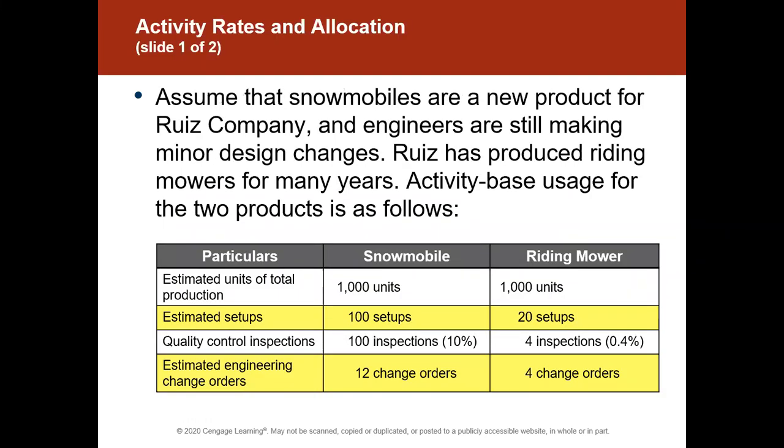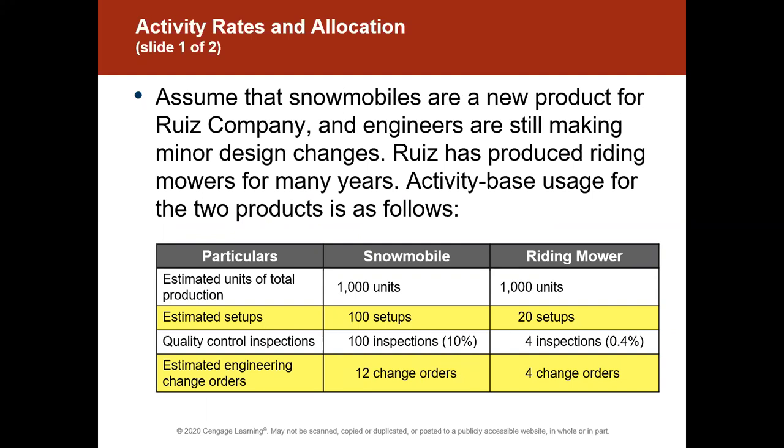All right. So it tells us, assume that snowmobiles are a new product for Ruiz. The engineers are still making minor design changes. Ruiz has produced riding mowers for many years. So we have these different activity-based usages. For snowmobiles, they expect they're going to have way more setups than riding mowers. Why? Because it's a new product and they're still learning how to make it.